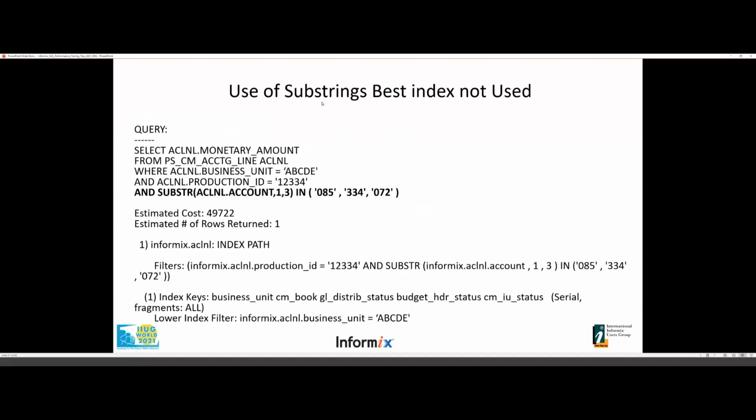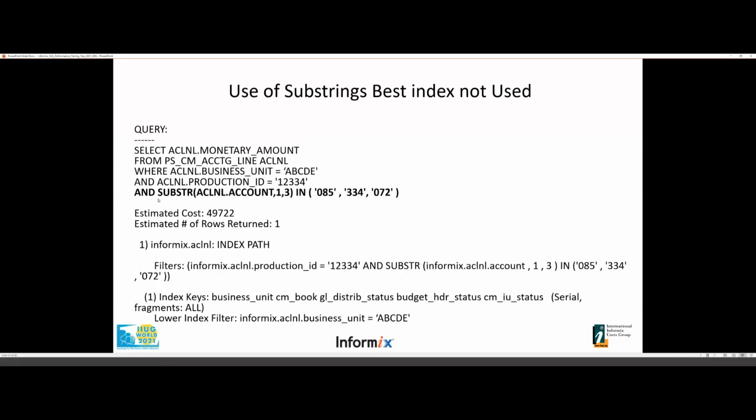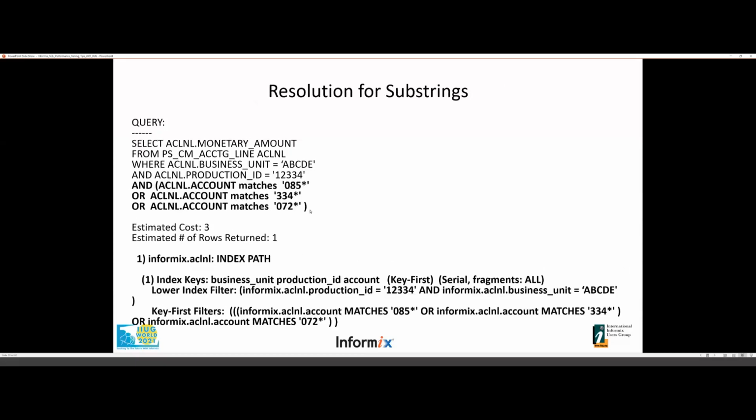Now, the next criteria is looking at substrings when the best index isn't used. Here was a case where the query was doing a substring on a value and checking the input values. Even though it's using indexes, it may not be using the best indexes. Sometimes when you use functions like this, it can cause the optimizer to do a sequential scan and not use indexes.